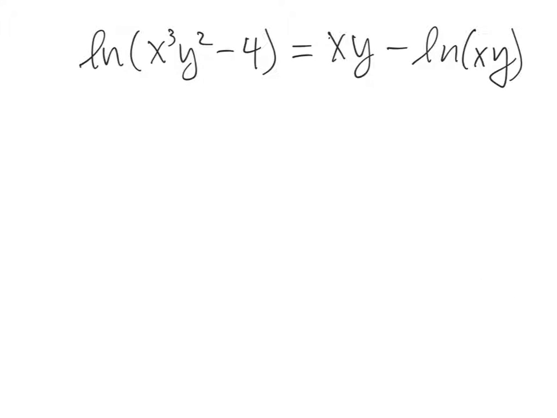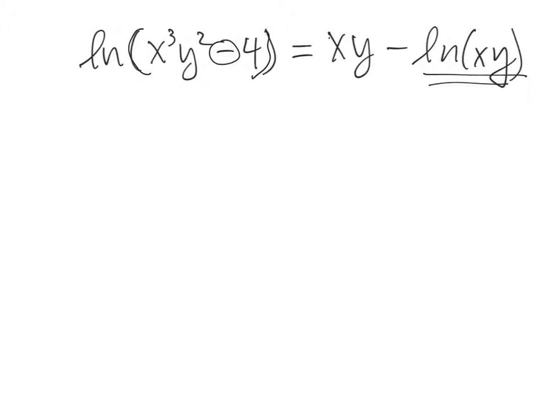Okay, we'll do an implicit with natural log. And, well, sometimes it's easier to rewrite your natural logs using the algebra properties. In this case, this side, because it's a minus, we're not going to be able to do anything to the left side of the equation.